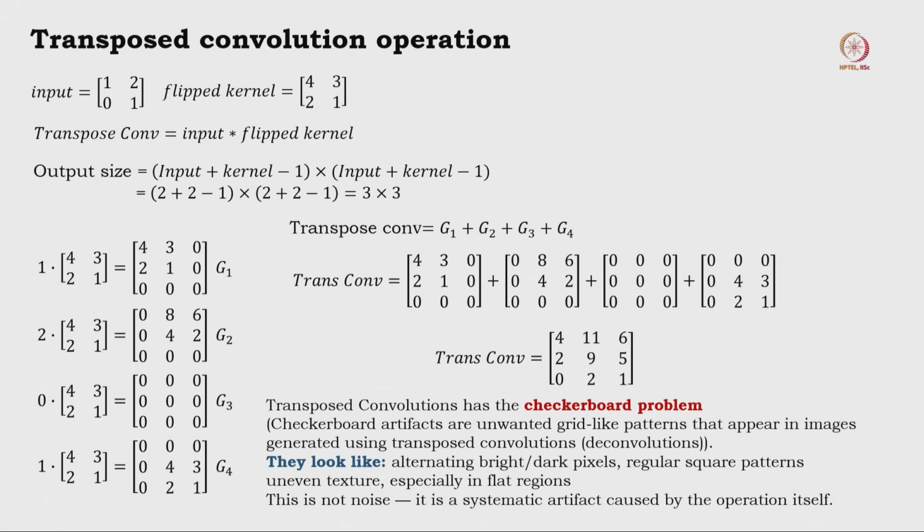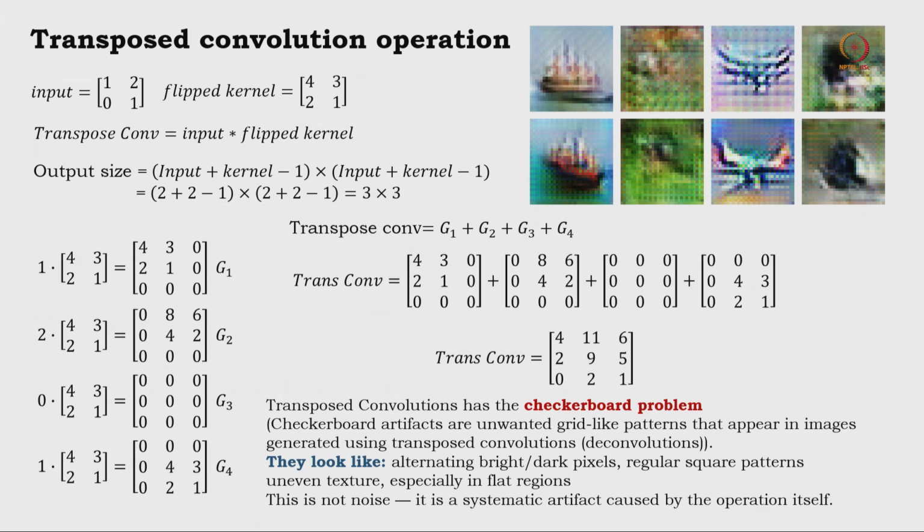What is a checkerboard problem? Can you look into this? Can you see there is a grid-like pattern here, which has alternating bright and dark? There is a square kind of pattern that we are getting. There is an uneven texture, and there are box squares which you are able to see. So why is this happening?